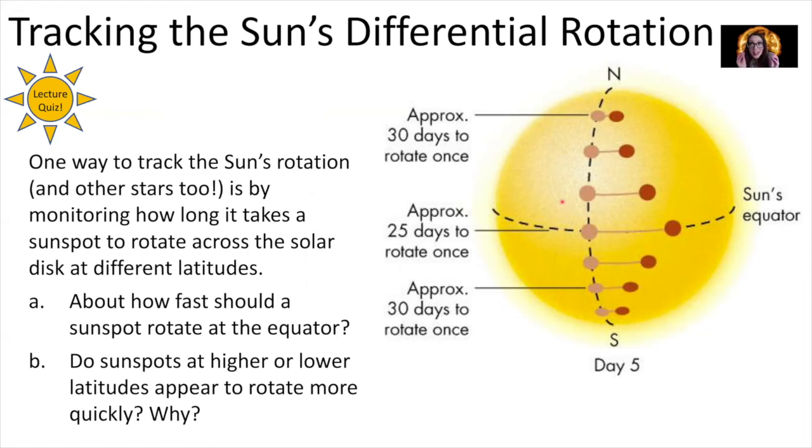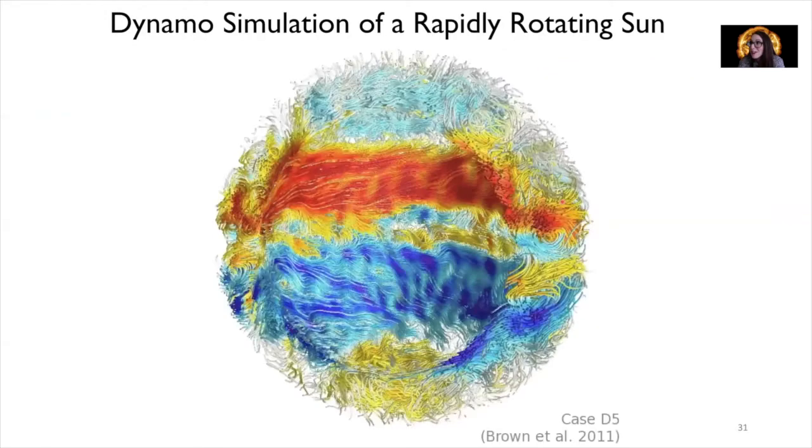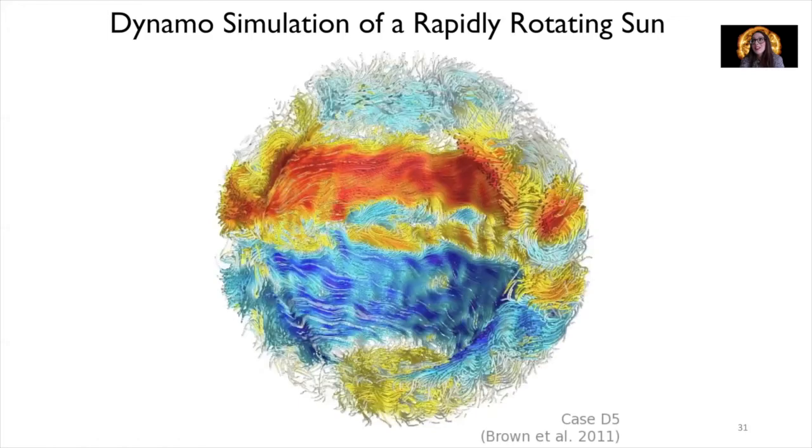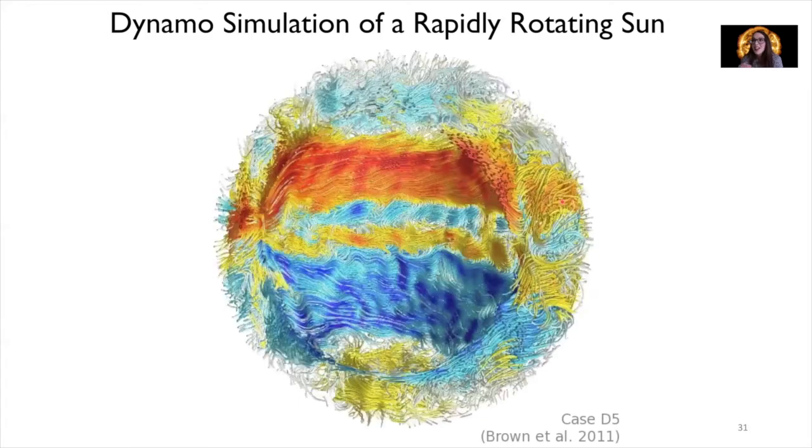So thinking about what we just talked about with sunspots and with differential rotation, how fast should a sunspot rotate if that sunspot appears at the equator and we assume it's moving at the same rate as the material at the equator, okay? And then, would sunspots at higher or lower latitudes appear to rotate more quickly? Why?